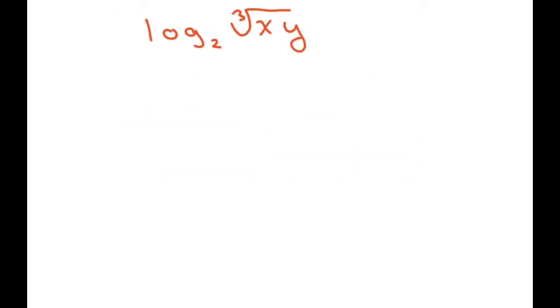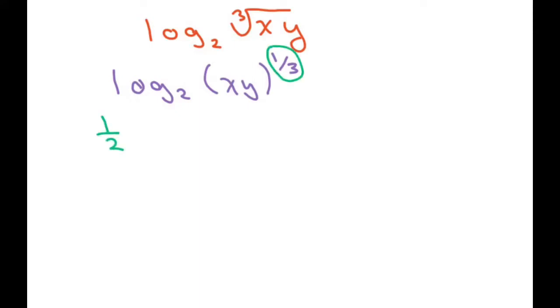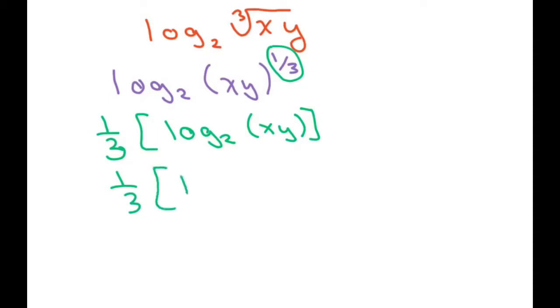And this one, first thing I'm going to do is rewrite this as log base 2 of xy to the 1/3 power. Now I'm going to bring this 1/3 in front. So I have 1/3 times log base 2 of xy. So that's going to be 1/3 times log base 2 of x plus log base 2 of y.